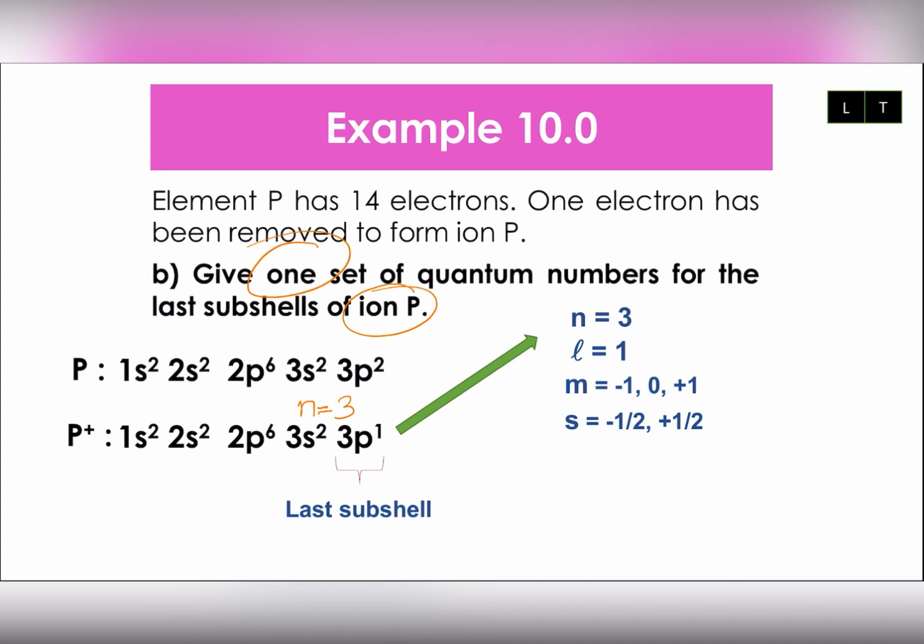I'm going to write down (n, l, m, s) in brackets, picking any value: 3, 1 for n and l. For m, I can choose any value of these 3. I pick 0. And for s, I can choose any value from these 2. I pick positive half. So I got my final answer. This is one set of quantum numbers, which refers to one electron in the 3p orbital.